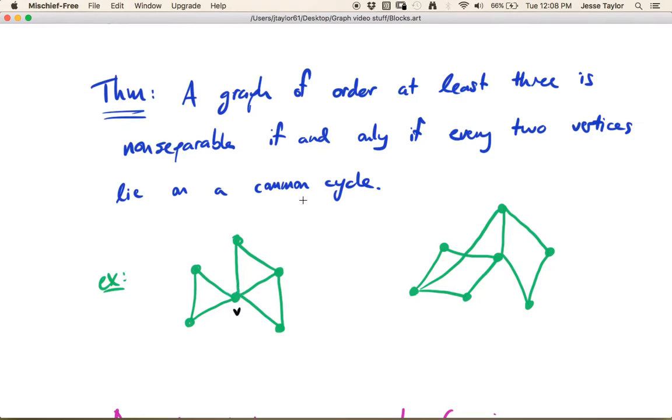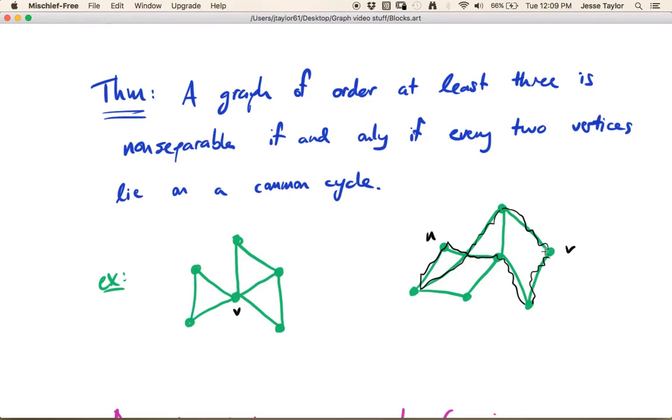So what does this mean, every 2 vertices lie on a common cycle? Well, for example, let's say I take this vertex U and this vertex V. I can find a cycle that has both the vertices U and V on it. So I'll take this edge and this edge and this edge and this one and this one and this one.